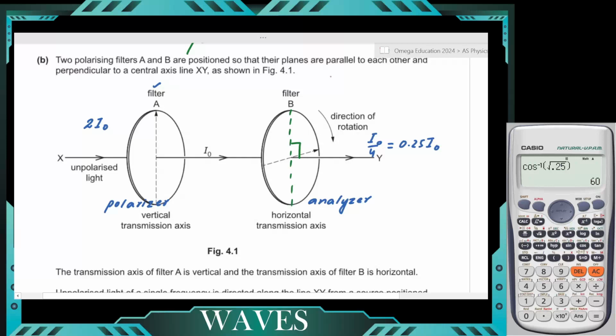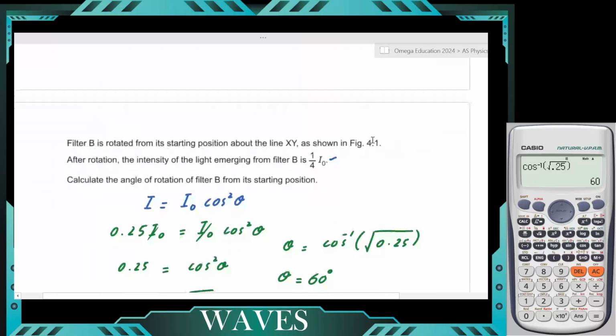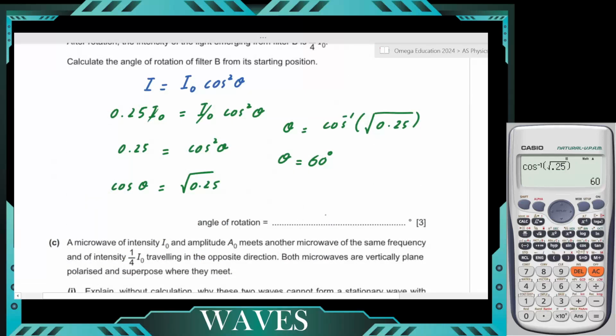The answer would be 90 minus 60, and thereby we get 30 degrees as the angle of rotation. If the question were what is the angle between the light and the axis of the slit, the answer would have been 60 degrees. But for the angle of rotation, you have to subtract from 90 in this case.